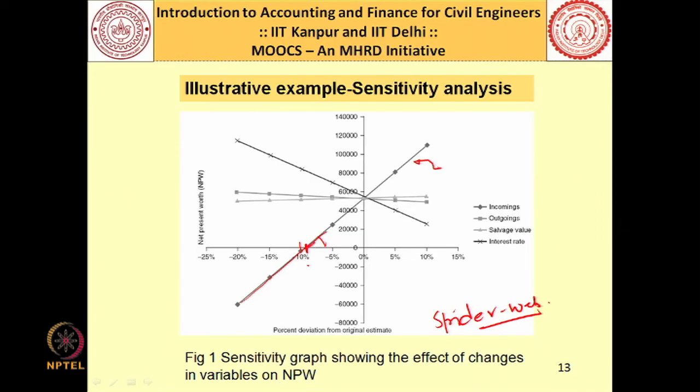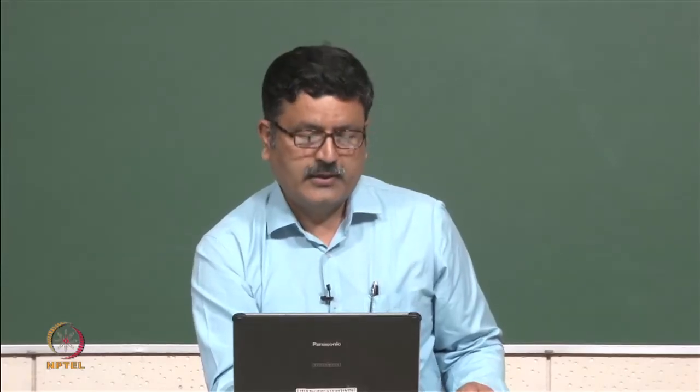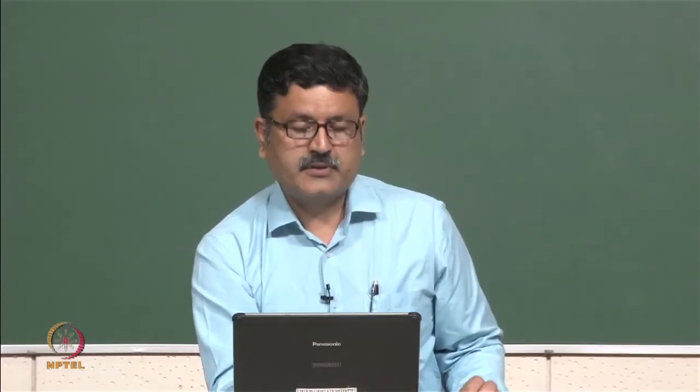Till here your net present worth is positive. Net present worth is on this scale, so all these values are positive here, and below this they are negative. So, the moment there is a drop in excess of 9.35% in the incoming value from your estimated value, you find your net present worth changes its sign from positive to negative.